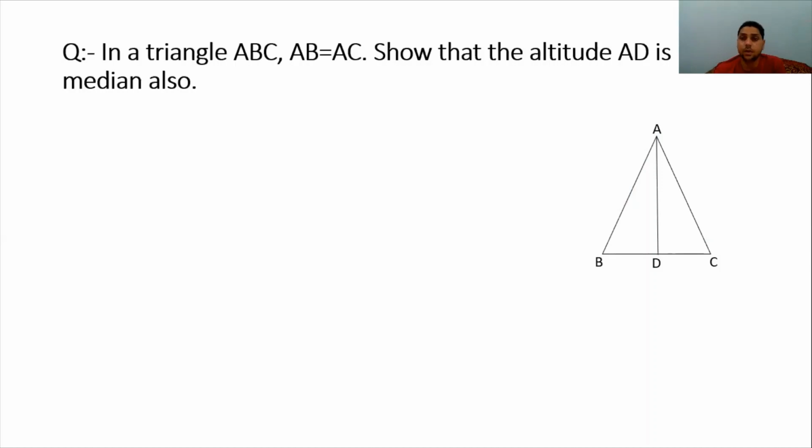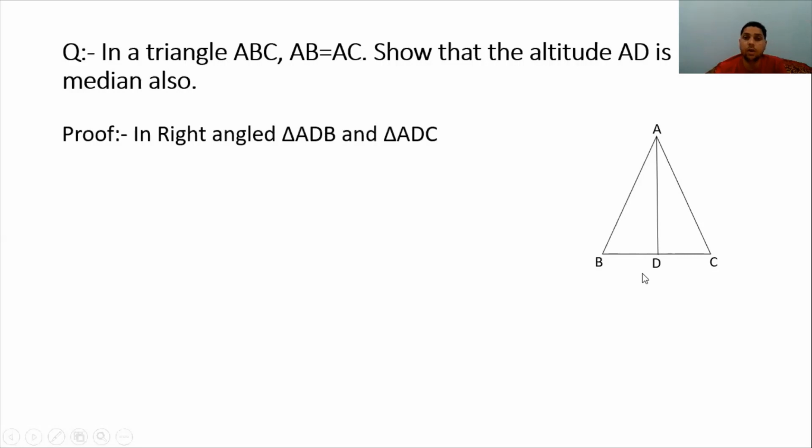AD is altitude, so angle ADB and angle ADC are 90 degrees. Now we'll have two right-angled triangles here. First is ADB, and another triangle here is ADC. So we'll compare these two triangles in terms of their congruency.